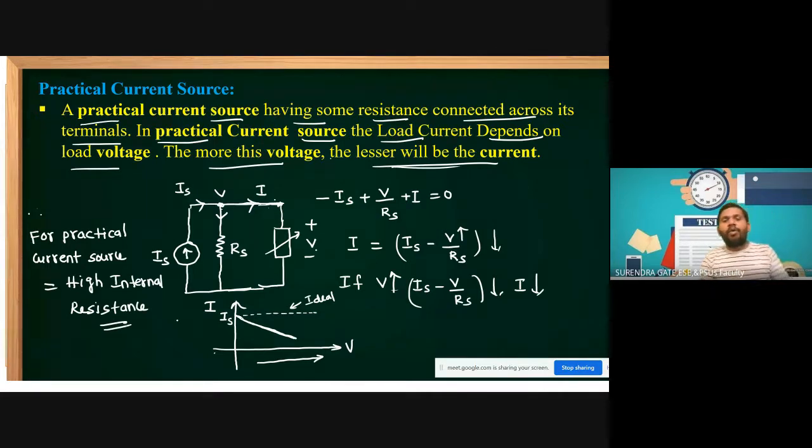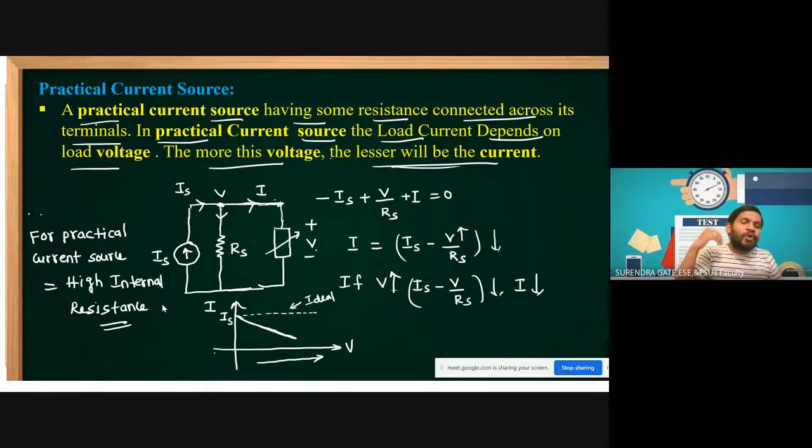See, students, current source is different, ammeter is different. Voltage source is different, voltmeter is different. Please don't confuse. Here, current source has high internal resistance, but ammeter has less input resistance. Exactly opposite.